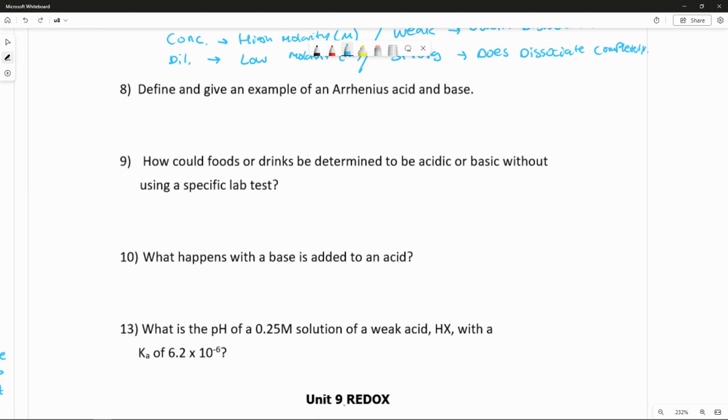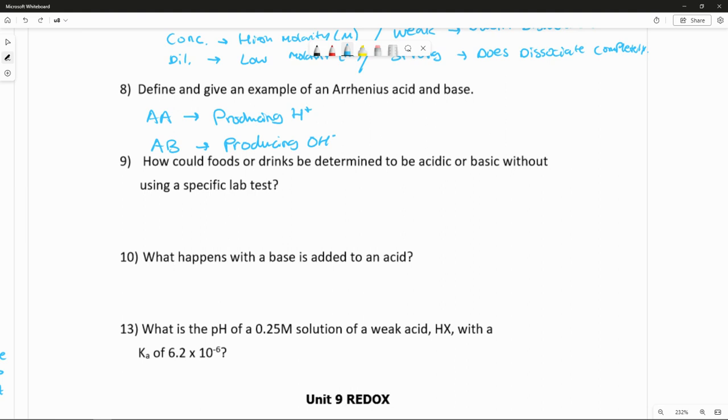So Arrhenius acid is going to be producing an H plus and giving it away. An Arrhenius base is going to be producing an OH. So the definition of Arrhenius acid and base is that it has to produce an H or produce an OH for an acid and base respectively.